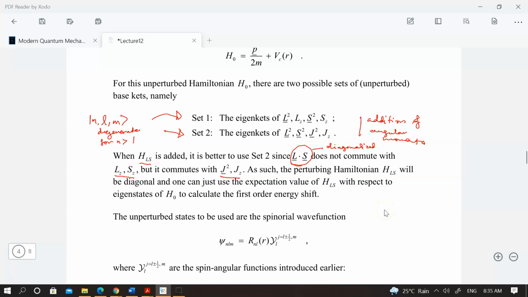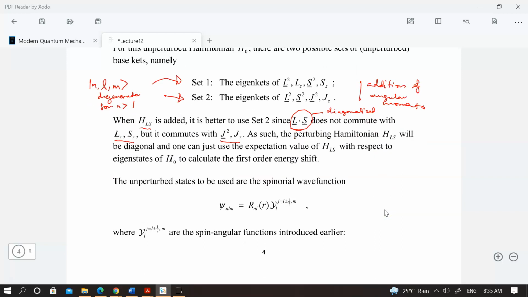So your unperturbed states are really your spinorial wave functions. We introduced these when we introduced the spinors. The spinorial wave functions are simply your wave function part put into a spinor form, where you have two components inside your spin part.